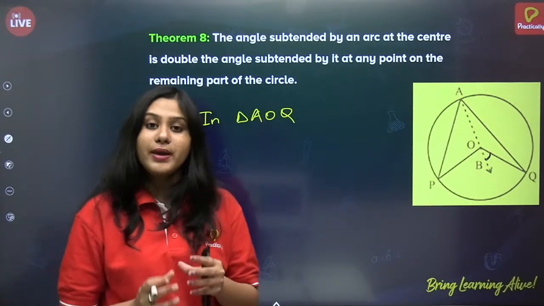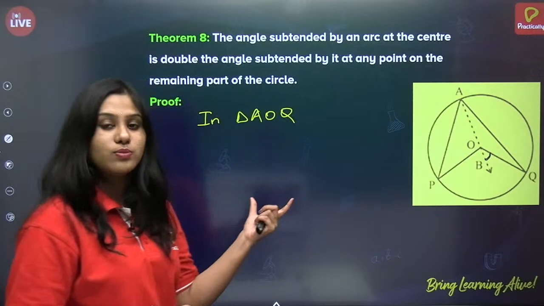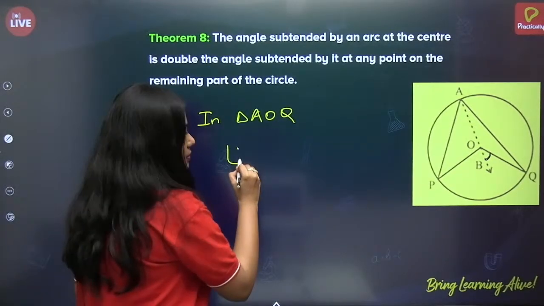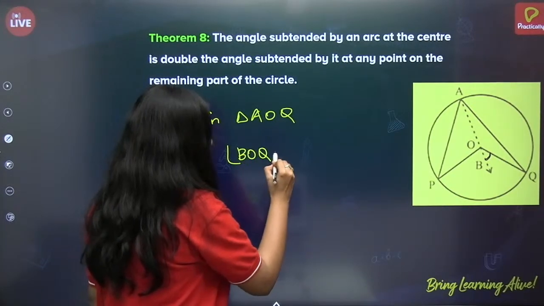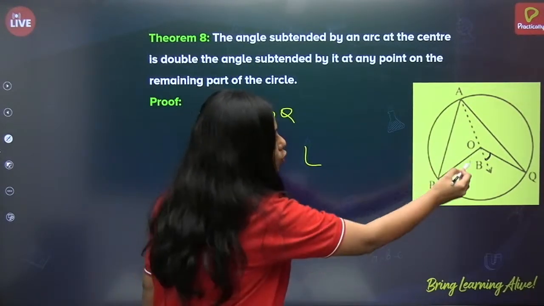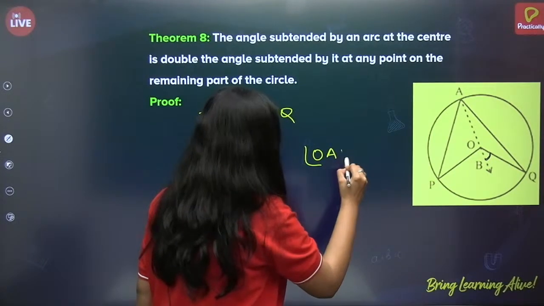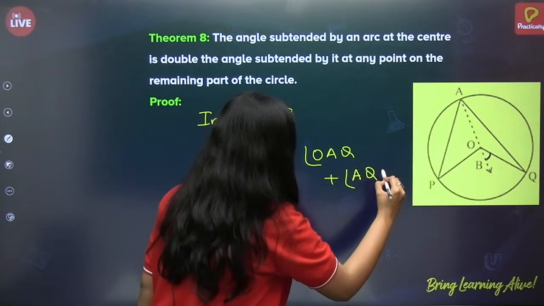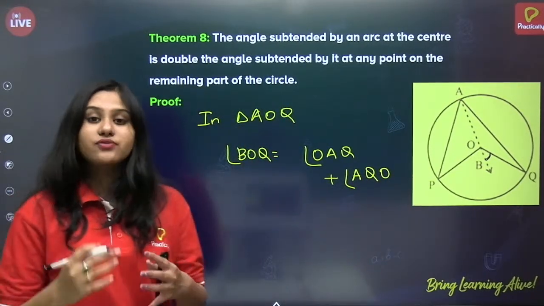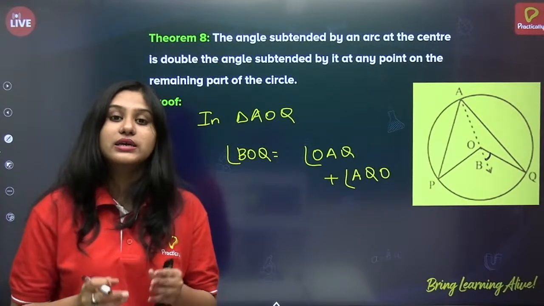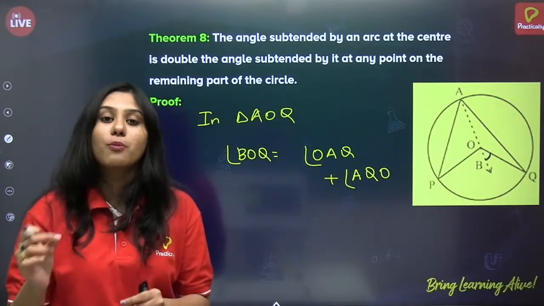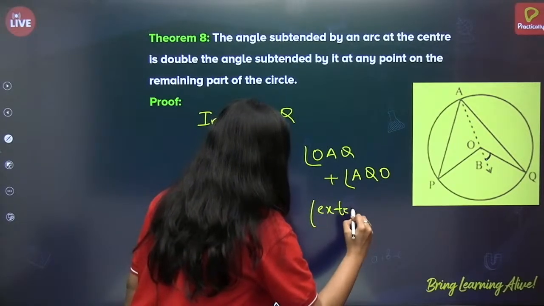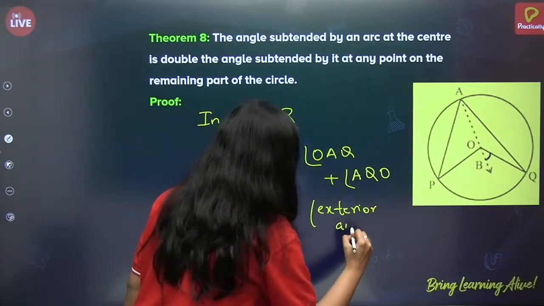So now we will be using the same property to solve this. Let me write angle BOQ is equals to angle OAQ plus angle AQO. Why? Because we know that exterior angle is equals to sum of 2 opposite interior angles. So I am here writing exterior angle property.